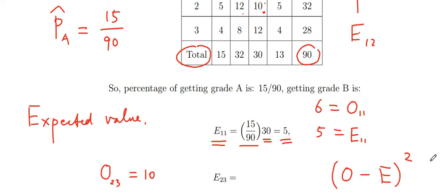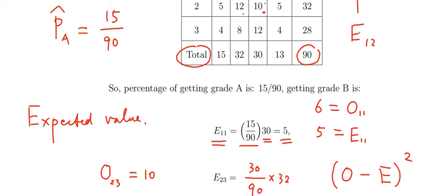So this is E23. How can we find E23? It equals the percentage for getting C times the total. Out of a total of 90, 30 get C, so this is the percentage for getting C. Multiply this percentage by the total number of students in class 2, which is 32, right?